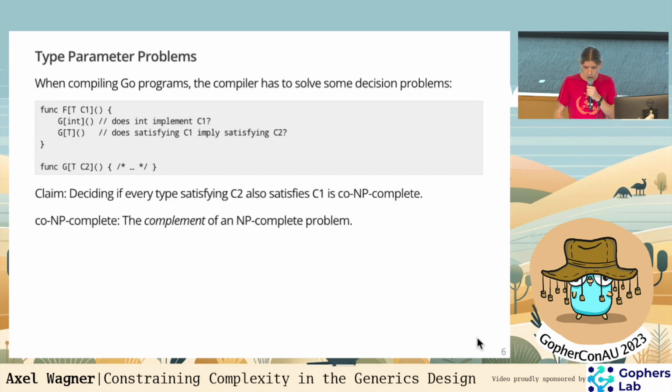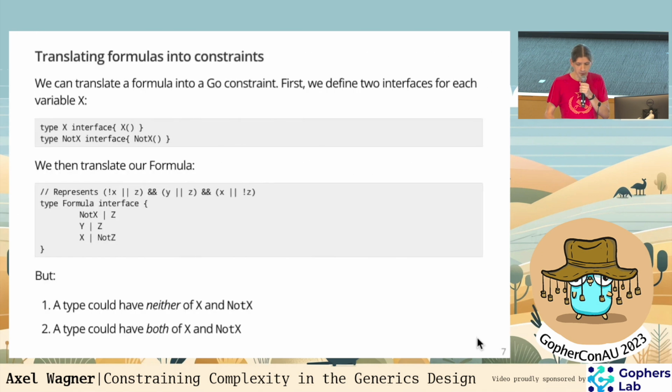Okay, so how do we prove this claim that this particular problem is co-NP hard? Oh, sorry, just to be clear, I'm using the words NP hard and NP complete interchangeably. They are not technically interchangeable, but for our purposes, they are. So how do we prove that? The answer is by doing a reduction proof.